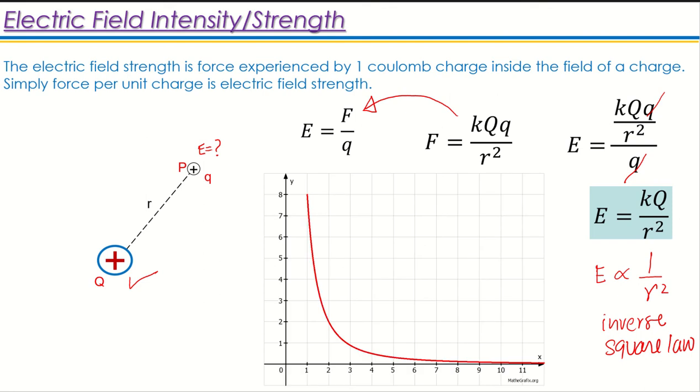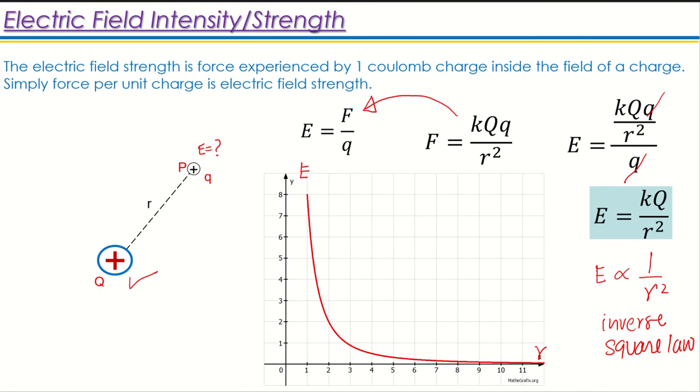It means if we have electric field on the y-axis and distance on the x-axis, distance means distance from the charge. And the meanings are still the same, that when you double the distance, the value of electric field will be 1/4.